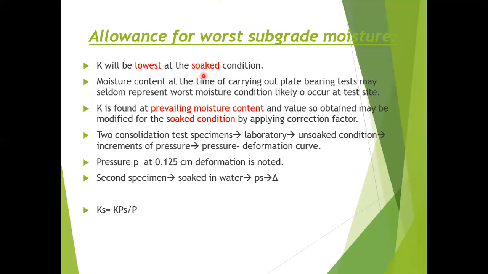Moisture content at the time of carrying out the plate bearing test may seldom represent the worst moisture content. Assume you prepare the mold and place it in water for 2 or 3 days. After that, you apply the pressure and find the K value. Just like that, K is found at prevailing moisture content, which means existing moisture content, and the value so obtained may be modified for the soaked condition.